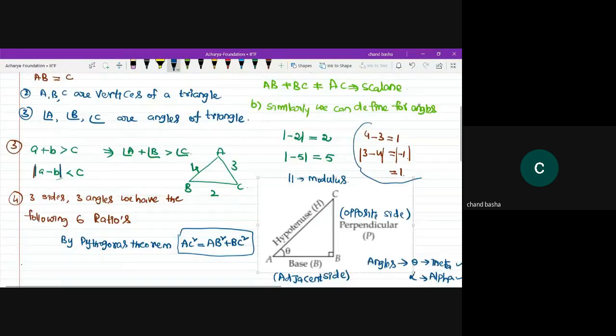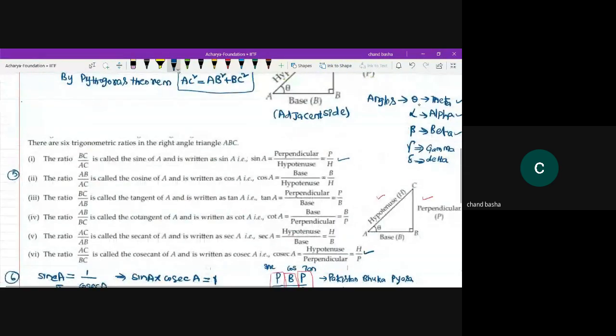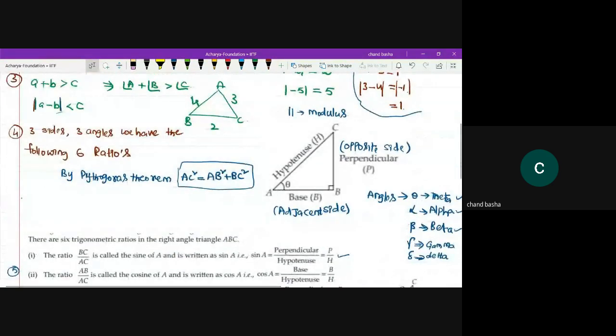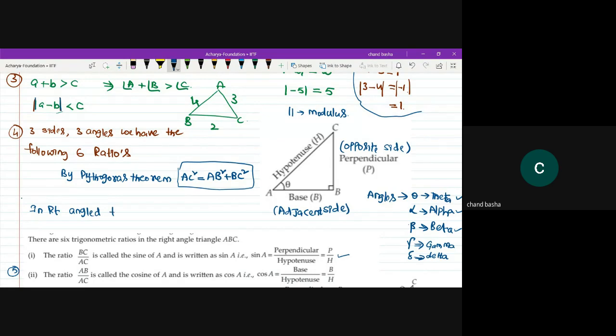Now, in the fourth point, actually I have entered into your trigonometry concept. Everything will be discussed with a right-angled triangle. In a right-angled triangle, you can write... Everything will be discussed with a right-angled triangle. Clear?